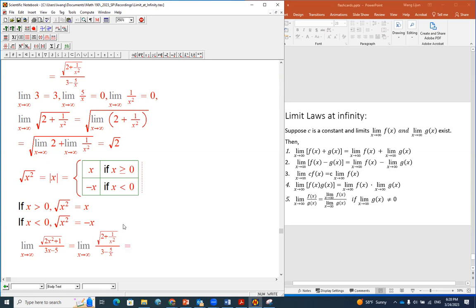The next step is taking the limit on the top, which is on this piece, then taking the limit on the bottom, the limit on 3, and the limit on 5 over x. We have checked each individual limit exists, and we have done this piece, and that's the square root of 2.